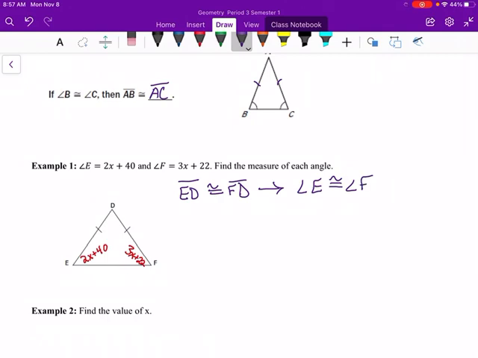Now that we know this information, we can set up an equation to solve for x. Angle E was 2x plus 40, and we know that is going to be equal to 3x plus 22. Then we're going to go ahead and solve. First thing I'm going to do is subtract 2x on both sides.